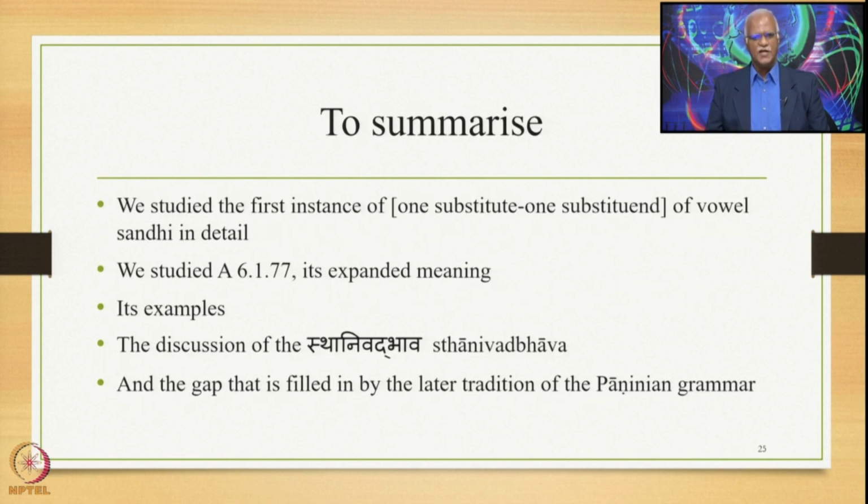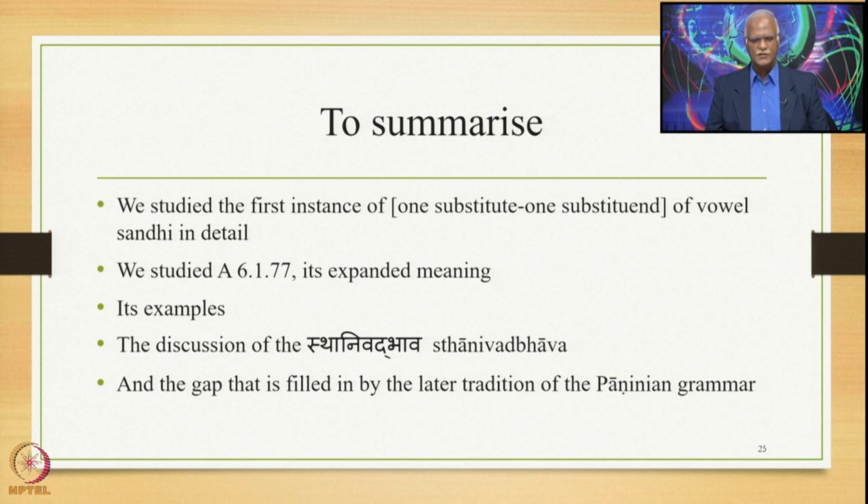To summarize this entire discussion on 6.1.77, we say that we studied the first instance of one substituent of vowel sandhi in detail, quite a lot of detail. We studied 6.1.77 Iko Yanachi and also its expanded meanings. We also studied its examples. We also studied how it becomes an input to the accent rules.